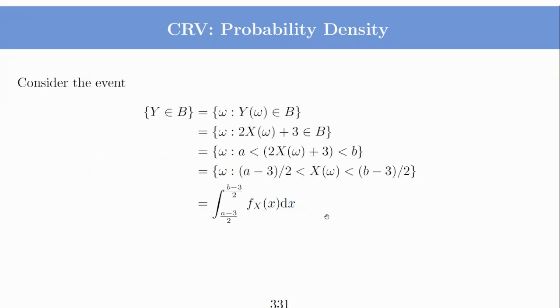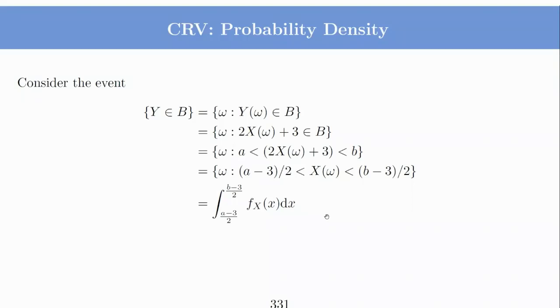Now also note that the event that Y belongs to B is nothing but the set of all outcomes such that Y(omega) is in B, and Y(omega) is equal to 2X(omega) plus 3. So this means it is equal to the set of all omega such that 2X(omega) plus 3 belongs to B. Here B is the interval from a to b.